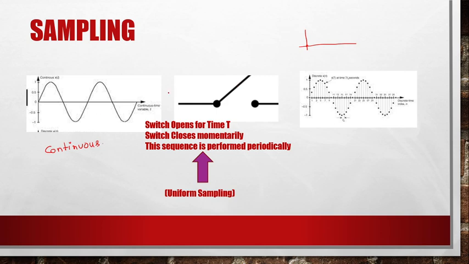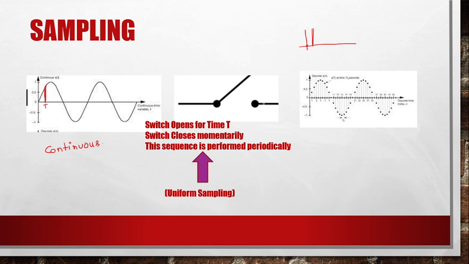Suppose after t seconds, I left the switch open for t seconds, then I put the switch closed again. After t seconds, this is the information. This magnitude of information at t seconds will appear here.